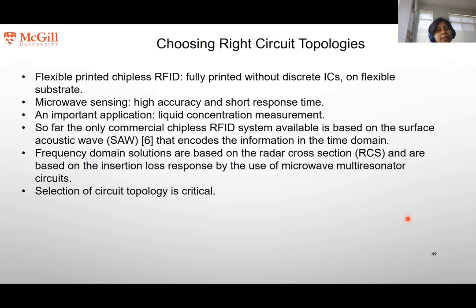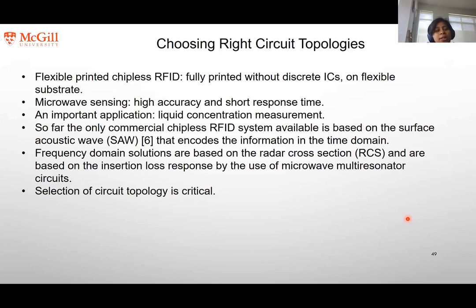We were interested in printing a chipless RFID, which is normally used for microwave sensing. We use a chipless RFID based sensor; normally they have high accuracy and short response time, and the application we wanted to use it for is liquid concentration measurement.